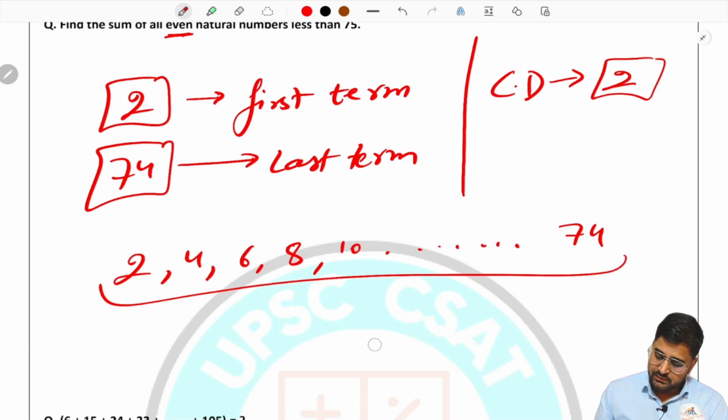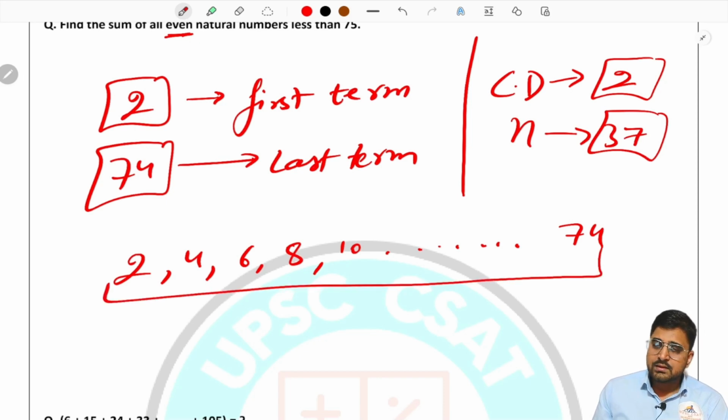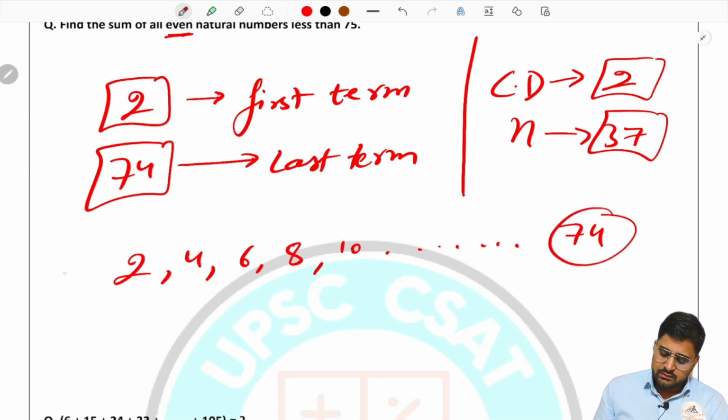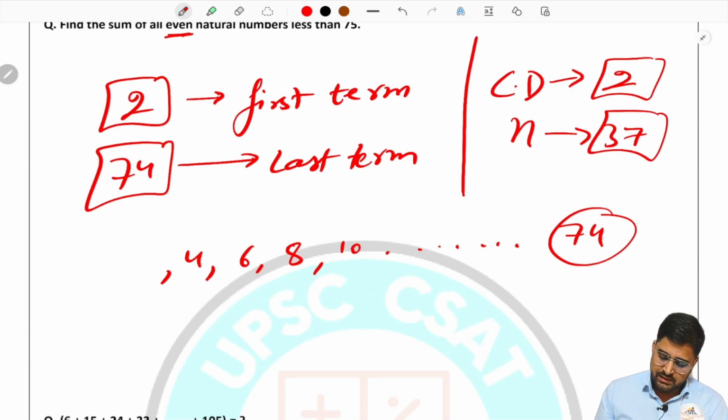So n becomes 37. Again I am telling you, how many terms are there from 2 to 74? There is no breakage. It is the very start of the evens and the last one itself. So there is no breakage like having to calculate from 12 or from 18. No, it's continuous.